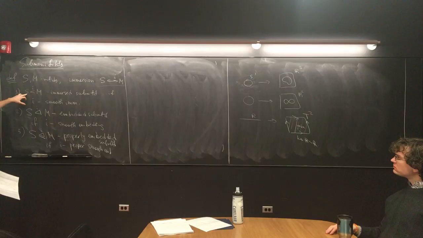Because an open neighborhood will include the neighboring sheets, and there's no way to get rid of them. So that also explains why the topology on the fiber in that case is not discrete. The only way to fix that is to make it discrete. Okay. Thank you. Next time, we'll finish covering spaces and start fiber bundles.